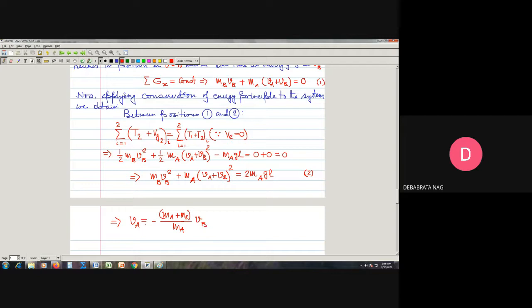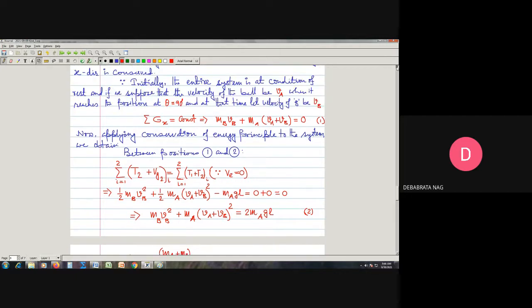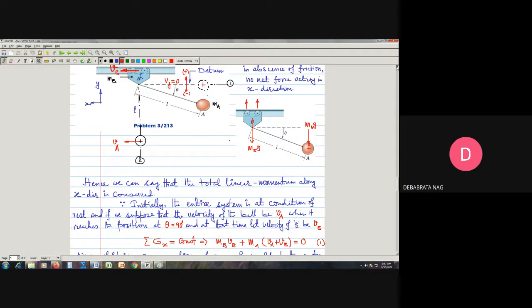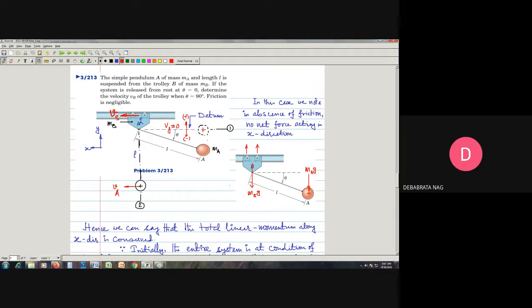So you see that there is a negative sign present in the system. What it means is the relative velocity of the pendulum bob and the carriage, that means v_A and v_B, right? This is v_A and this is v_B. So they have a negative sign in between them.